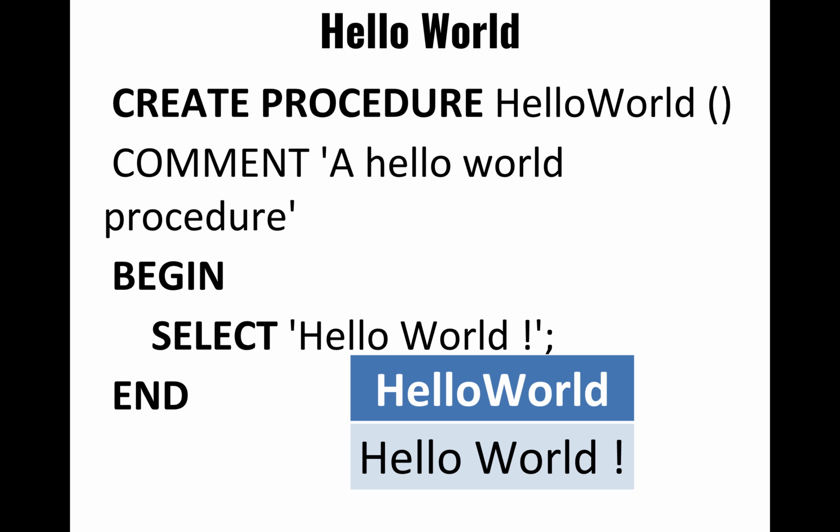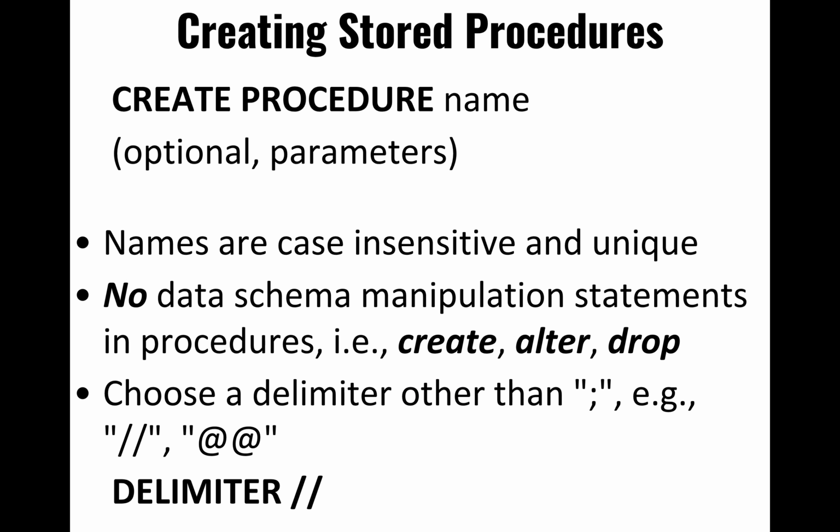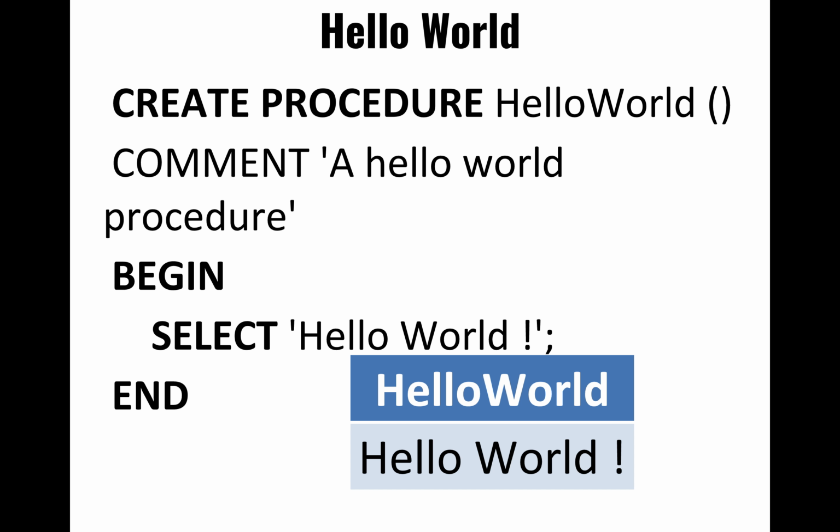So instead of typing this select hello world so many times, we can embed it here and then just run it whenever we wish by running hello world from the command line. Now, notice that in this select statement, we have at the end a delimiter saying that this is the end of the select statement.